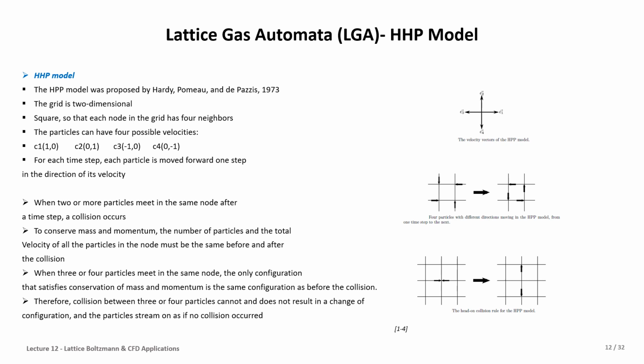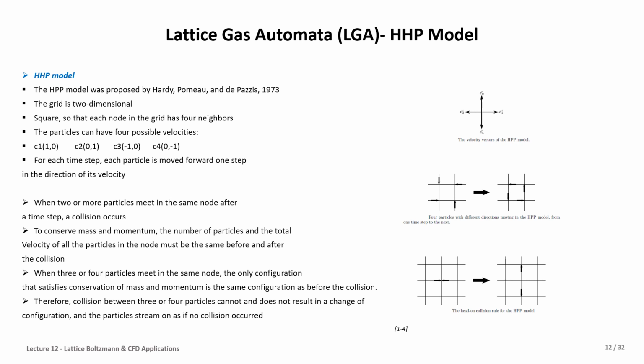In this slide, we have an example of one of the models in the LGA approach. It's called HPP. It was proposed in 1973, and as you can see, it has four particle neighbors. Indeed, the grid is two-dimensional, and each node in the grid has four neighbors, which are labeled C1, C2, C3, and C4.